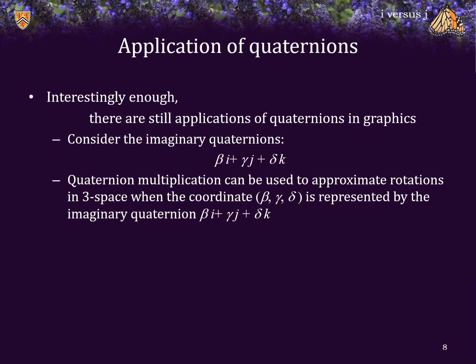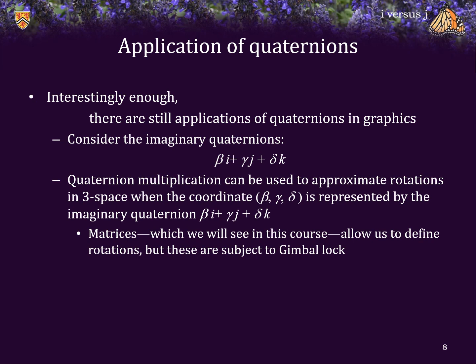Well, what's interesting is that quaternion multiplication can be used to approximate rotations in 3 space where the coordinate beta, gamma, delta is represented by this imaginary quaternion.